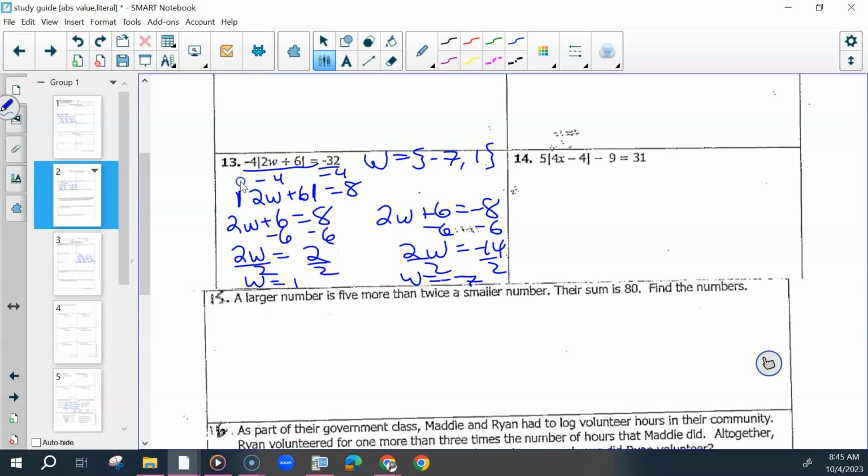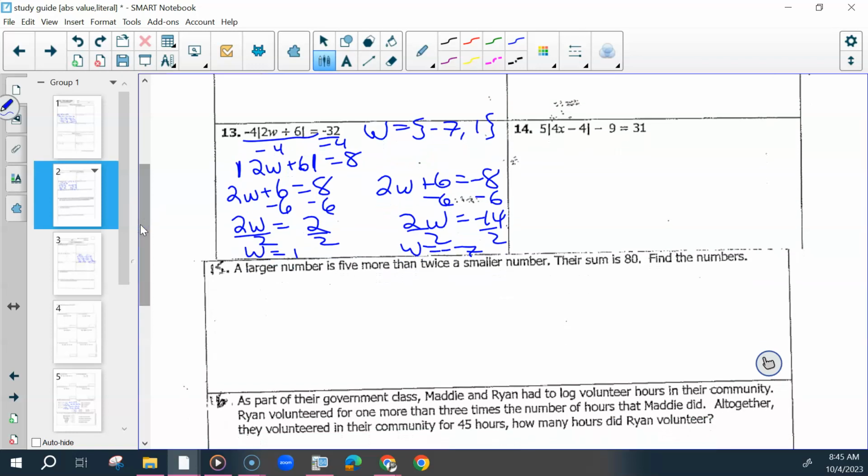Other questions in that section? Same process, get rid of everything around the absolute value, so we can get rid of the 9 by adding.